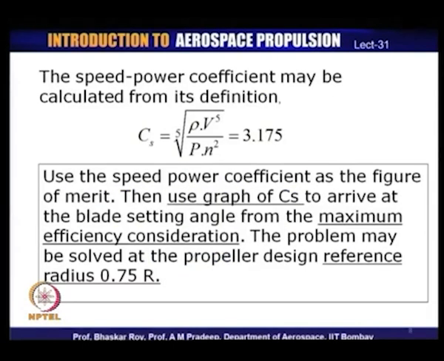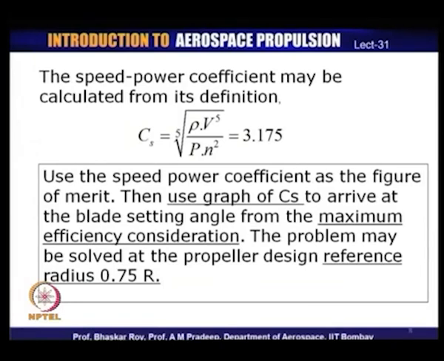What we can do is, we can look at the first thing, the speed power coefficient of this propeller given the parameters that are already supplied. This speed power coefficient is something which we had discussed in the last class.